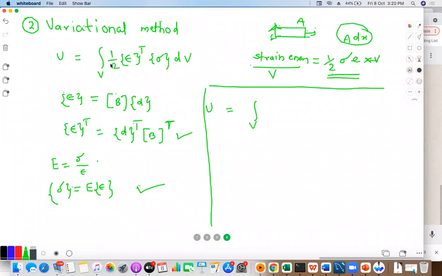So I can rewrite this integration as 0 to L, 1 upon 2.